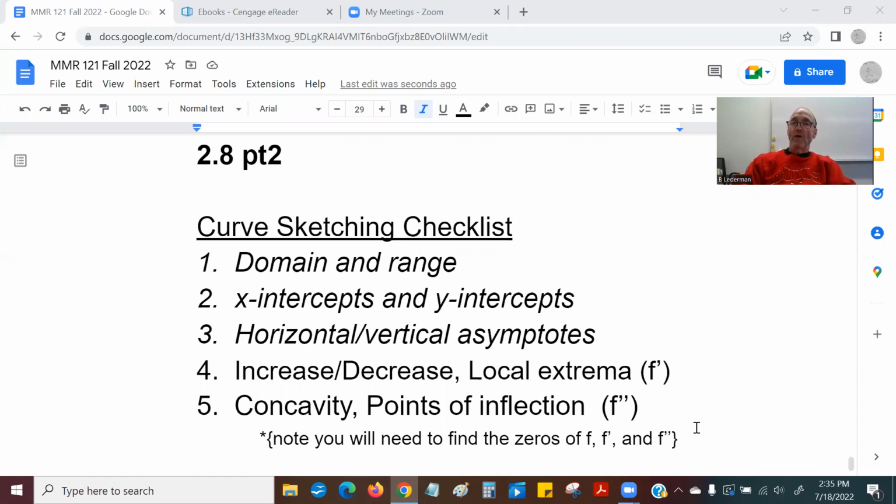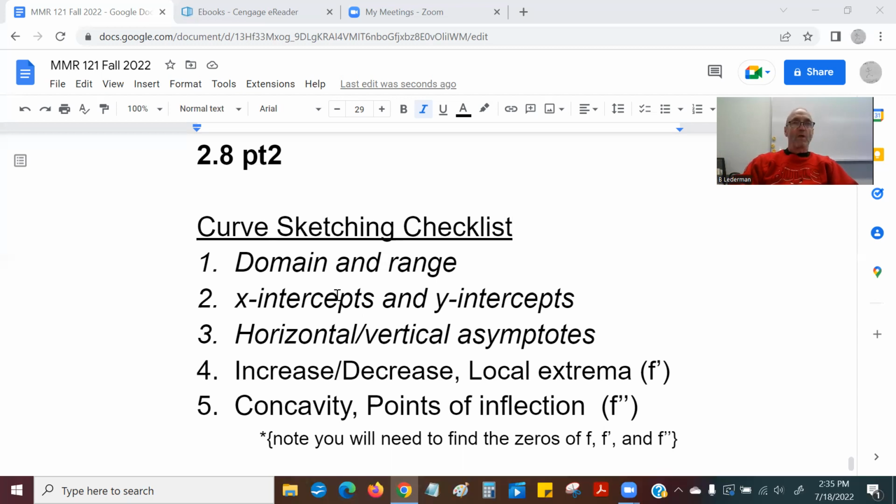Not every zero of f prime is a max or a min, and not every zero of f double prime is a point of inflection, but the extrema and the points of inflection happen at the zeros. Now that we have this little checklist, let's do an example.